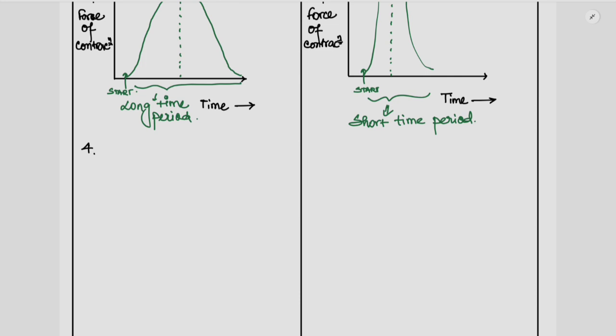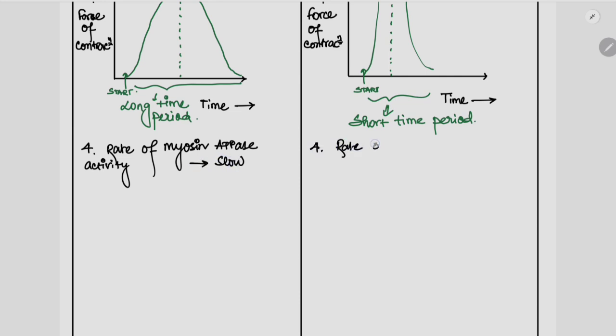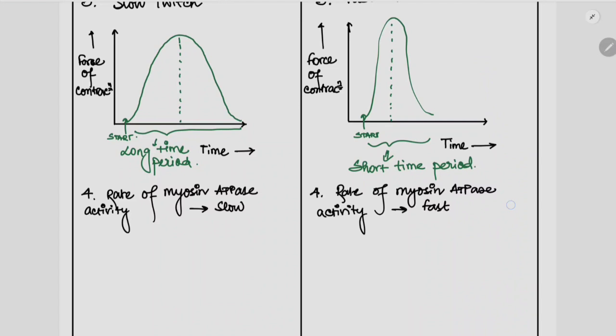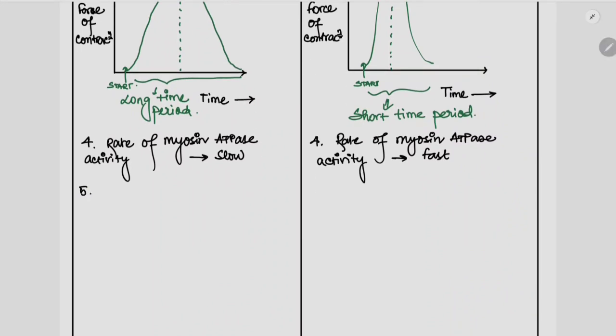In type 1 it is slow twitch, so the rate of myosin ATPase activity is slow here, whereas the rate of myosin ATPase activity is fast in the case of type 2 muscle fibers. Number 5.